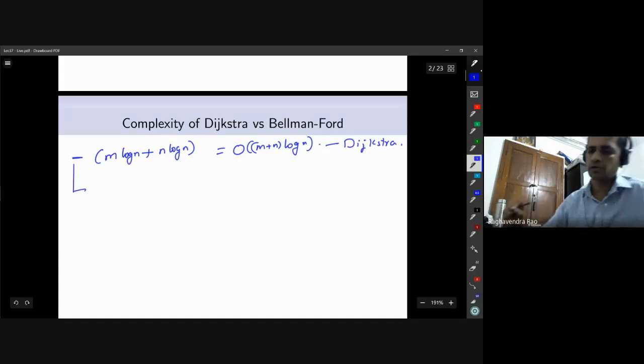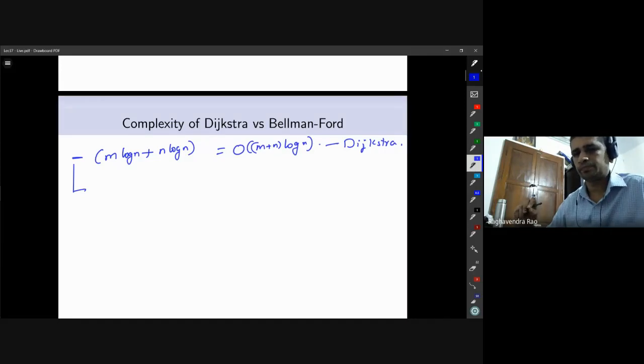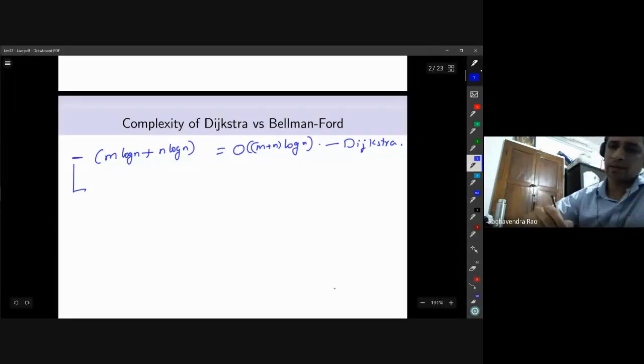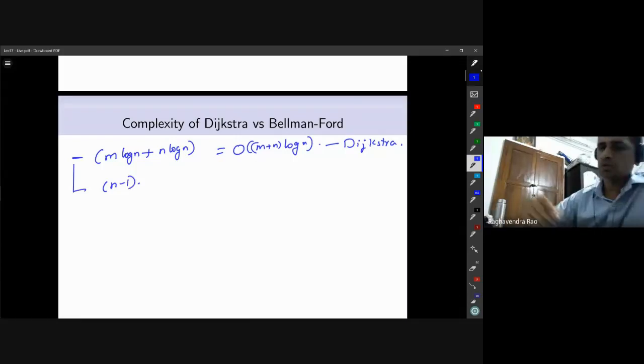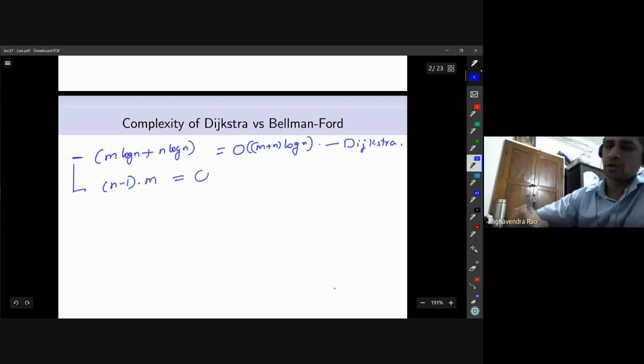Now what is the complexity of Bellman-Ford? We were applying relax n-1 iterations. Each iteration there are m edges, so m relax operations. This is order of mn.